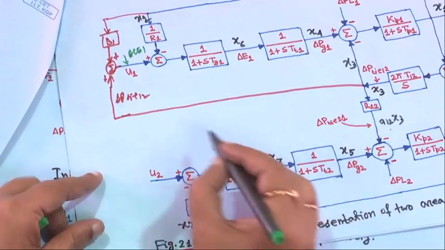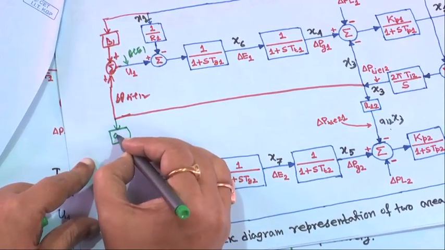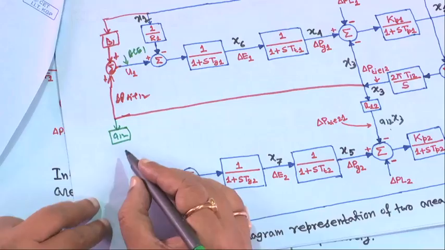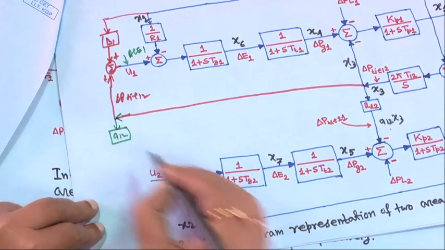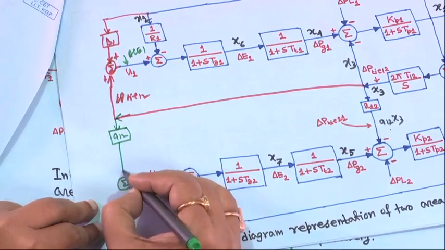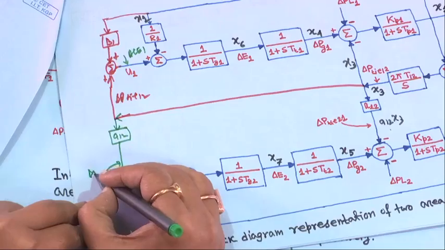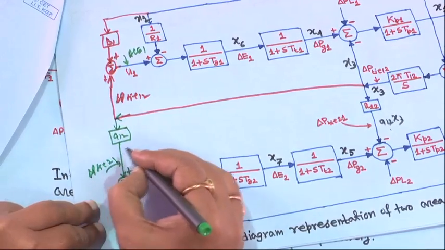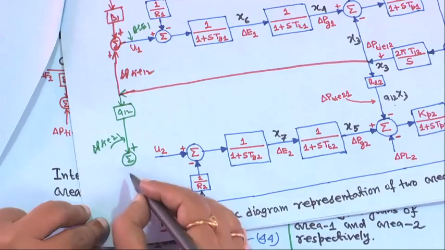Similarly, making it in green ink, this is your A12, right, because this is delta P tie 2 1. So, delta P tie 2 1 is equal to A12 into delta P tie 1 2 actually, right. And the frequency will come from here.